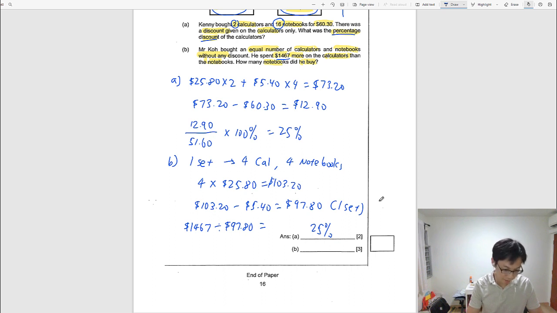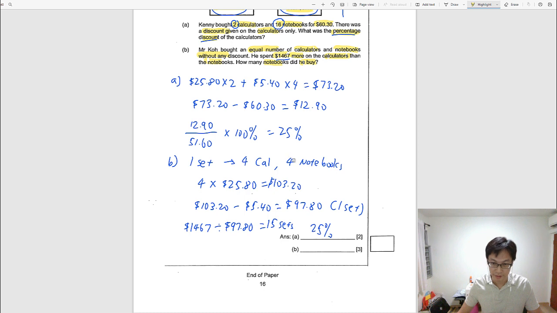If you take 1467 divided by 97.8, you should get 15 sets. And remember, one set consists of how many notebooks? 4 notebooks, correct? So to find the number of notebooks that you buy, you simply take 15 times 4, and the answer is 60 notebooks.